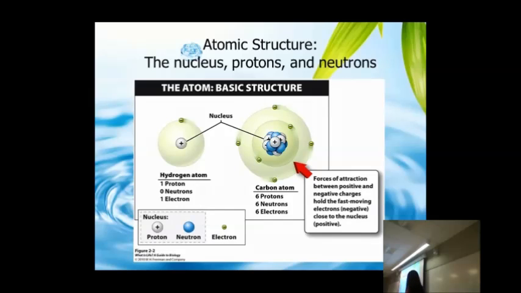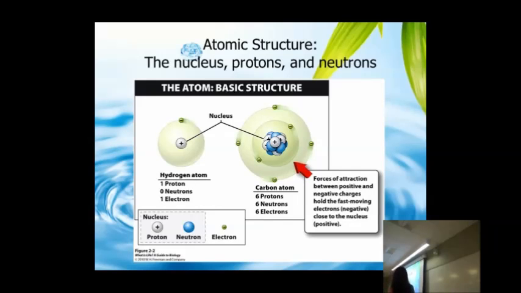Here you can see the difference between this hydrogen atom and the carbon atom. The carbon atom has several more layers of electrons. It's obviously got a lot more protons and neutrons there in the nucleus. The forces of attraction between positive and negative are what keep these electrons, which are floating all around the nucleus, attracted towards it, so that they don't go flying off into outer space.